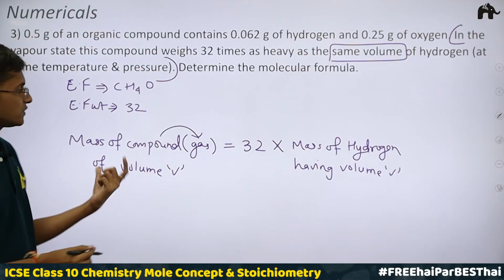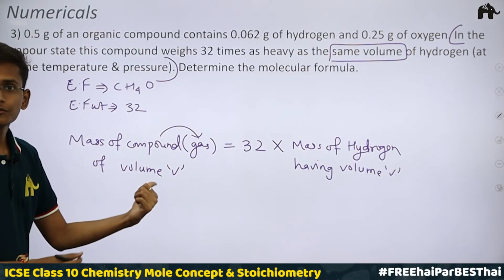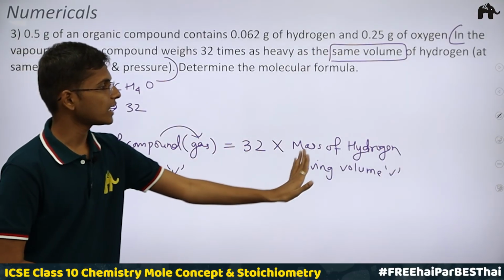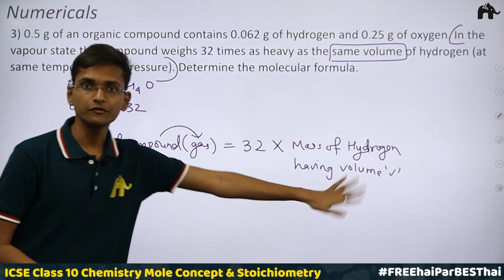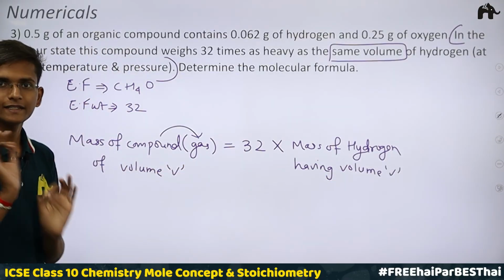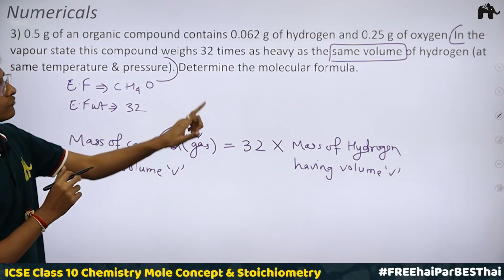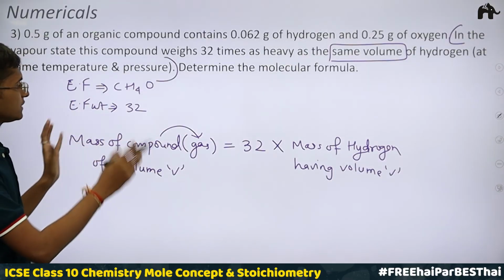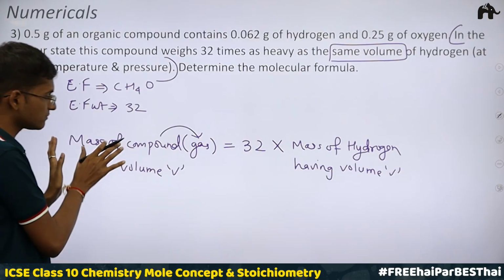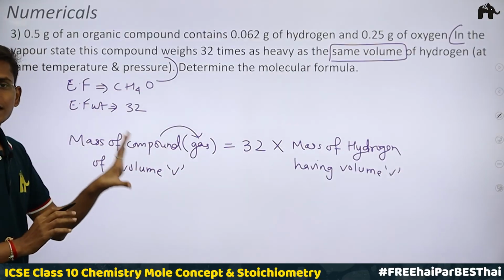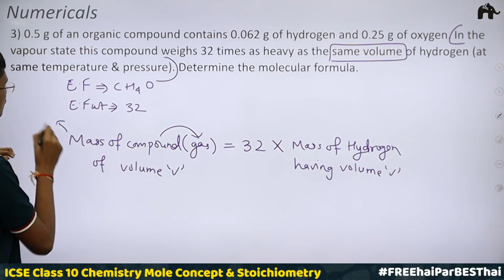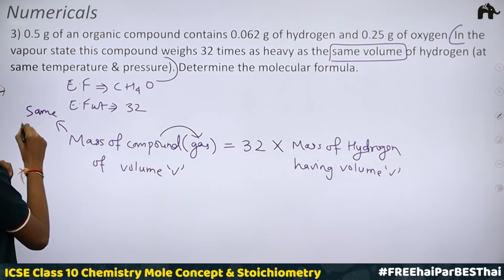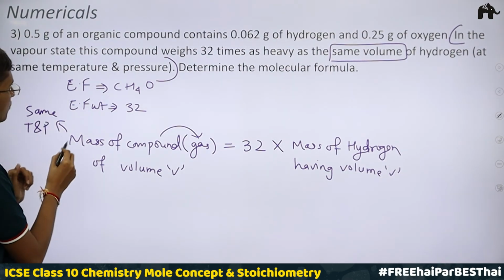So the mass of the gas of volume V is equal to 32 times the mass of the hydrogen having the same volume V, exactly. Now what else have they given? At the same temperature and pressure. These masses have been measured at the same temperature and pressure, so I'm writing here same temperature and pressure for both these masses.